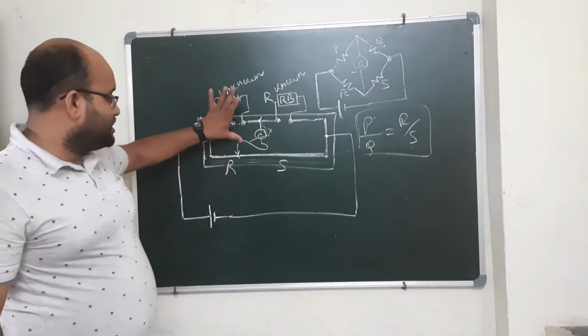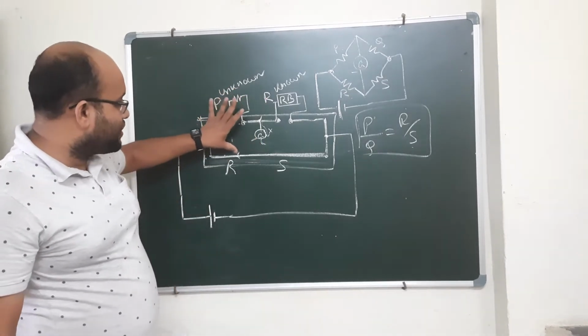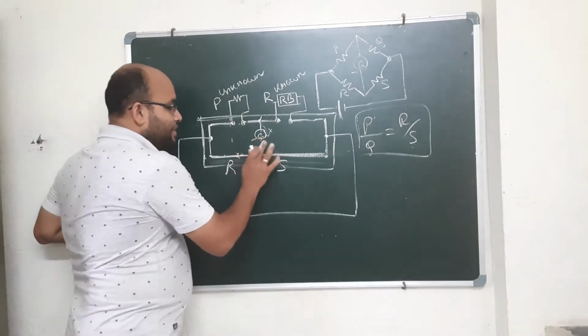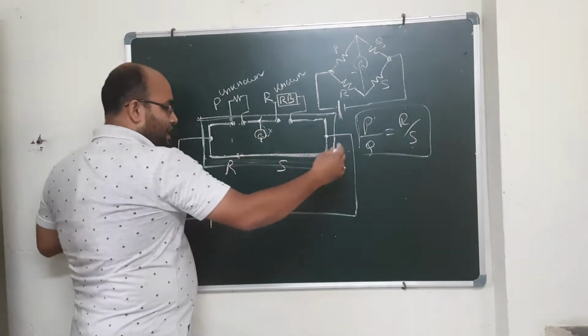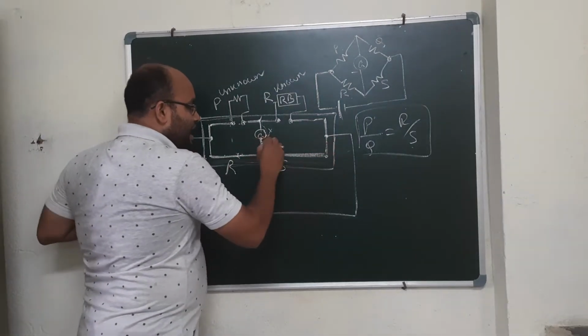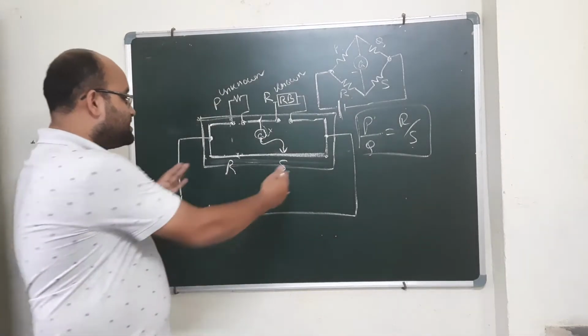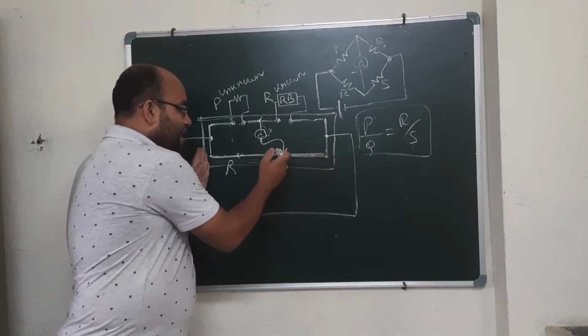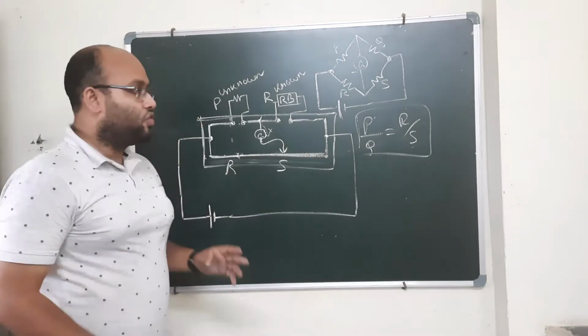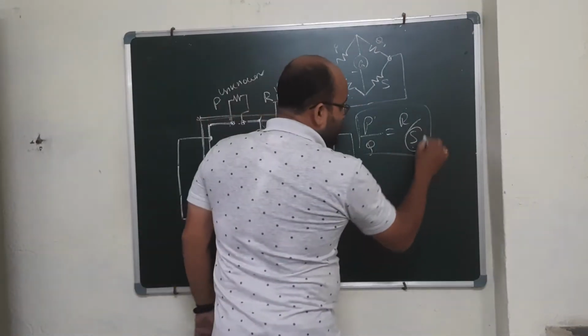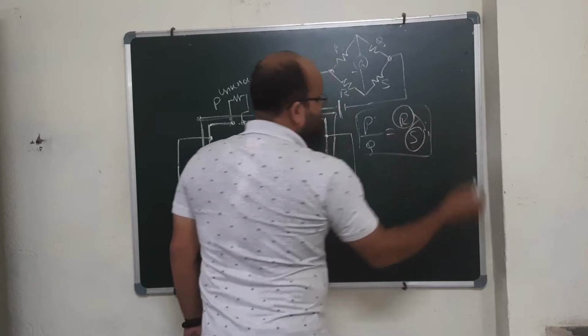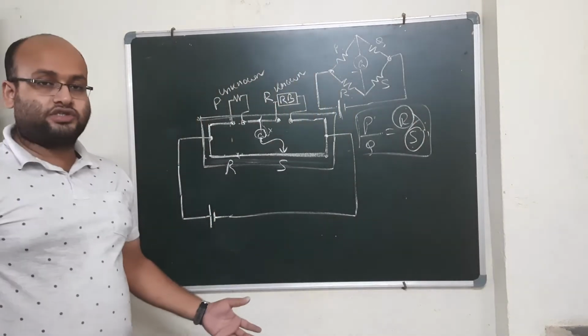So what I am doing actually with this galvanometer is dividing this resistance, the combination of R and S, as I wish. As I wish, I am just changing the length of R and the length of S. So I am actually varying these two as I wish.